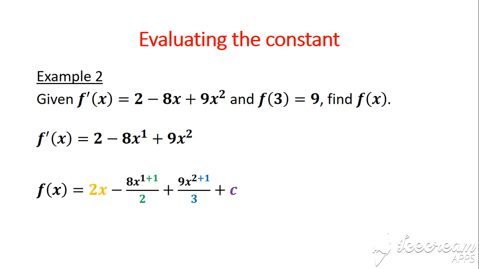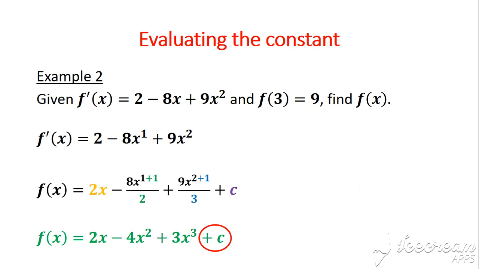The 9x squared, we're going to add 1 to the power to make it 9x cubed and divide by the new power of 3, and plus our c. Now we can tidy this up a bit. The 8 divided by 2 makes 4 and the 9 divided by 3 makes 3. So we get our function, or y rule, is 2x minus 4x squared plus 3x cubed plus c.